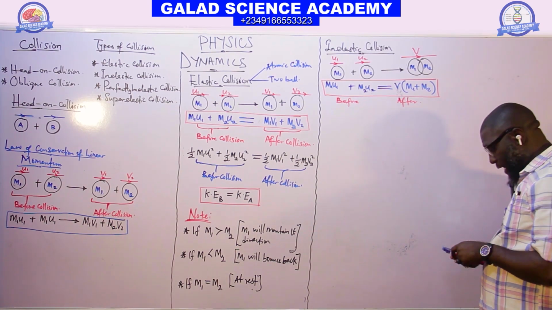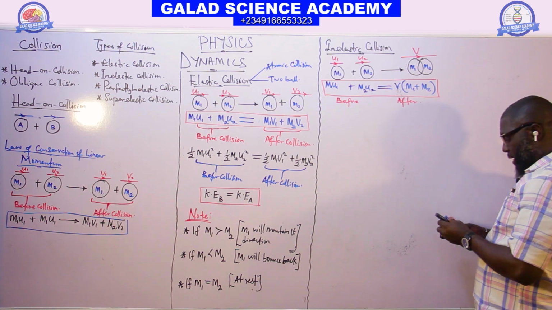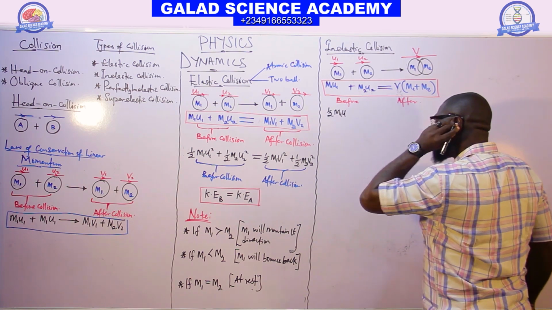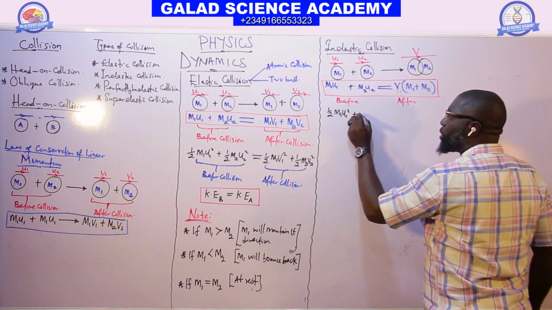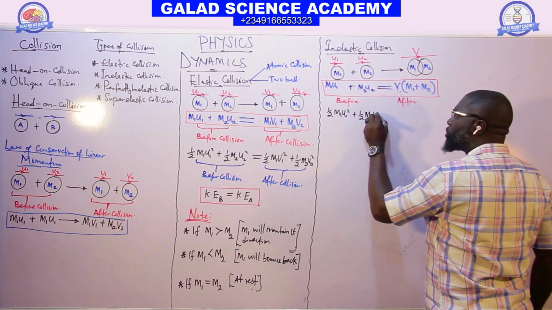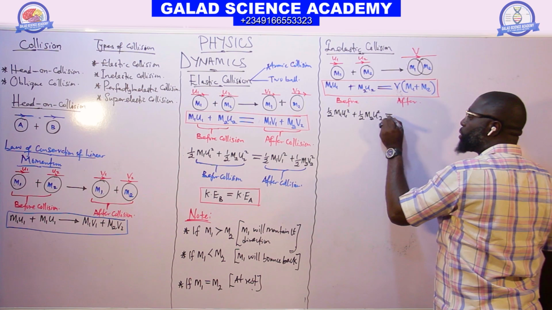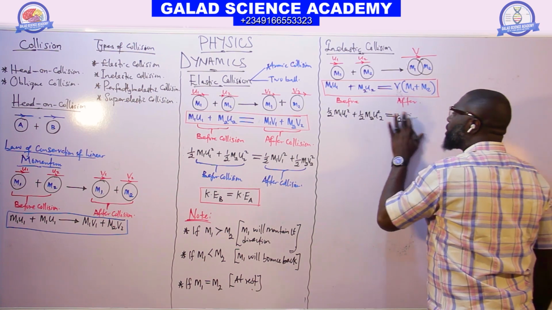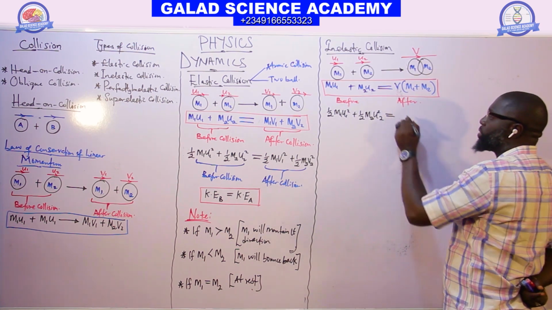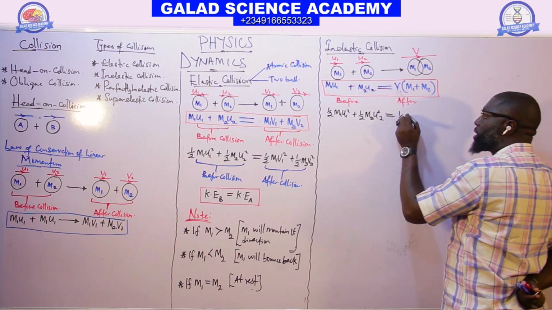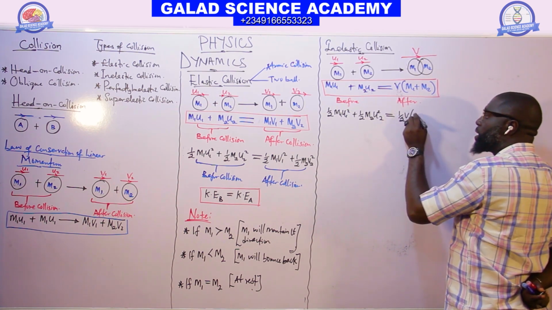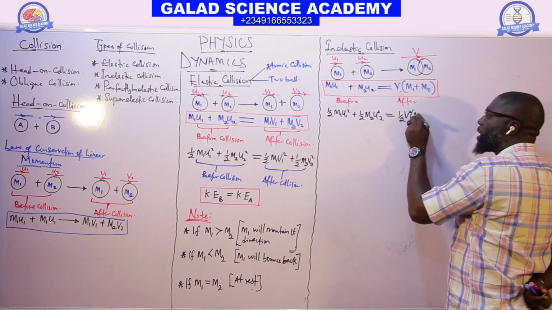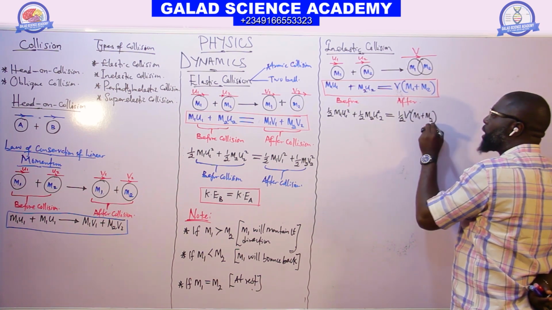But in terms of kinetic energy, half m1 u1 squared plus half m2 u2 squared is not equal to half of m1 plus m2 times v squared.